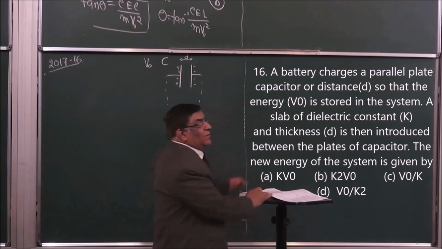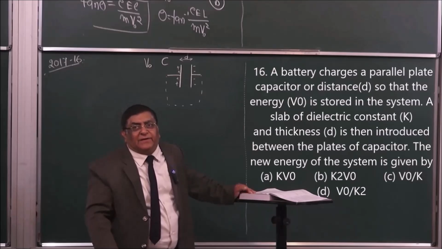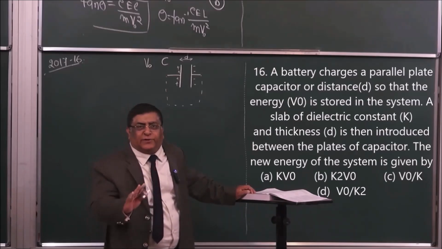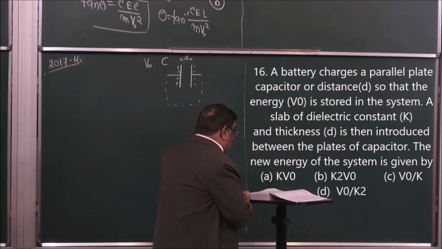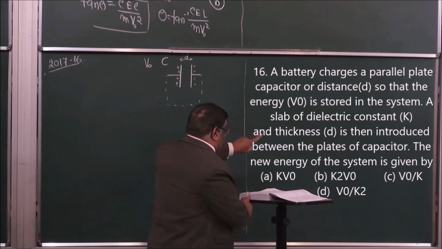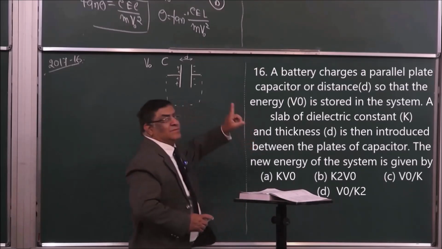So I will request you to see the situation of the battery. Is the battery removed or not removed? See it again. A battery charges a parallel plate capacitor. A slab is then introduced between the plates. There is no reference that the battery has been disconnected. That means the battery remains connected.